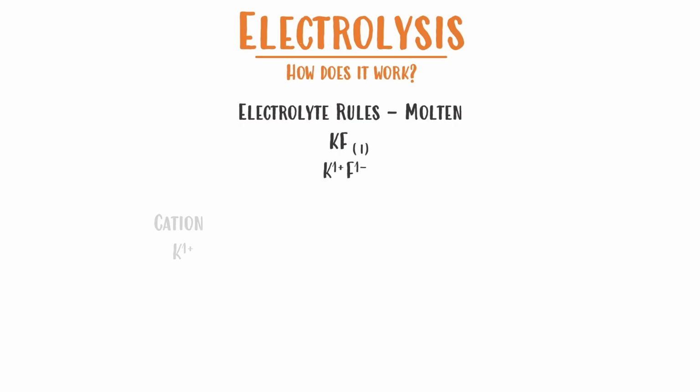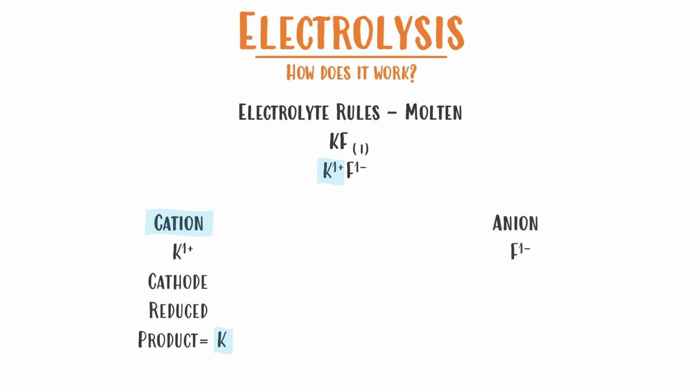We have the cation, which will go to the cathode to be reduced, making potassium. On the other side, we're going to have the anion, fluoride, which goes to the anode to be oxidized, making the diatomic version F2, fluorine.